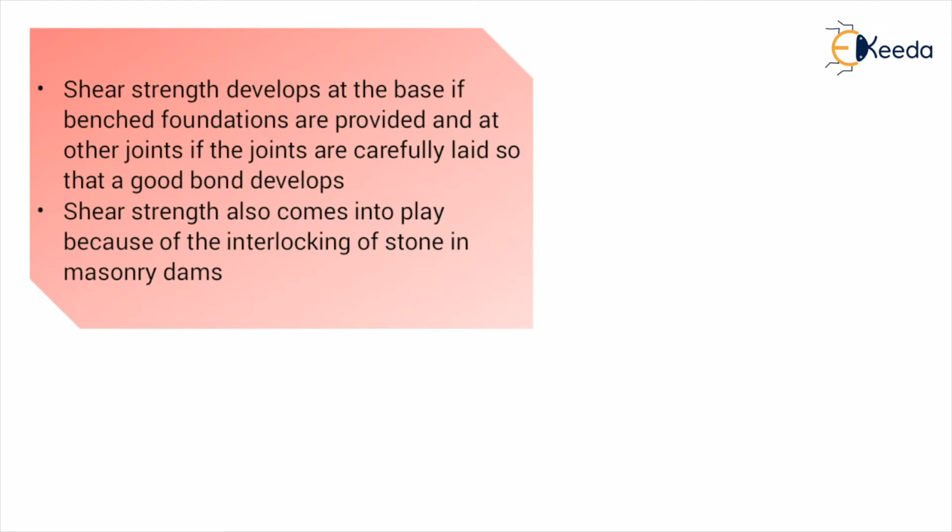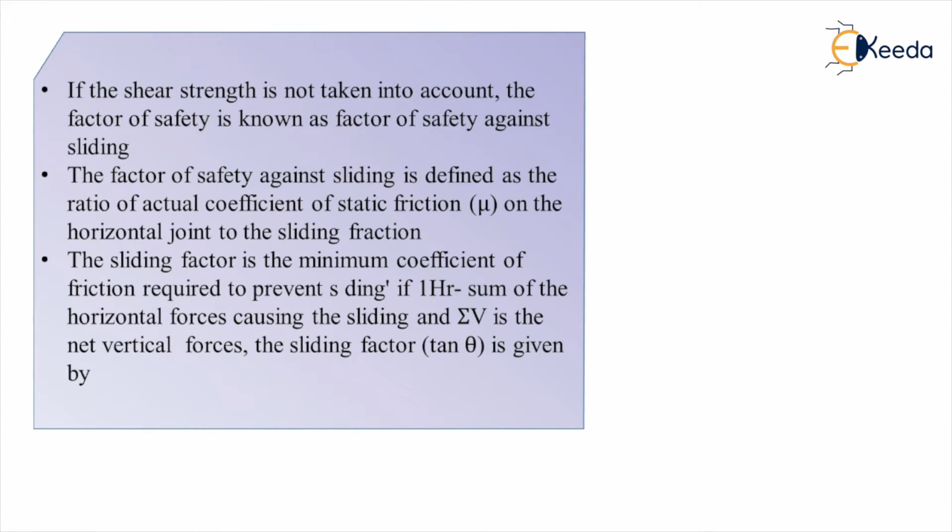The shear strength also comes into play because of the interlocking of stone in a masonry dam, obviously. Because of the shear strength and the friction, sliding will be resisted in a gravity dam.